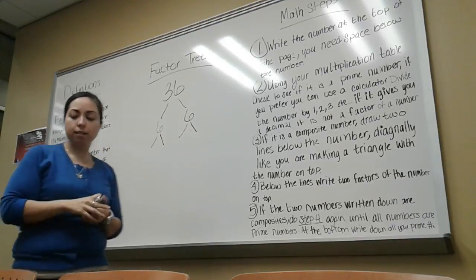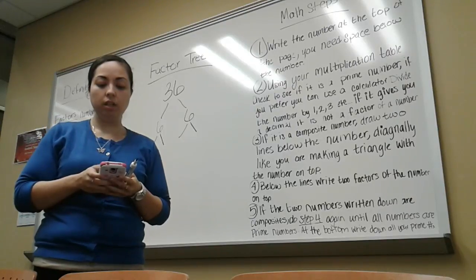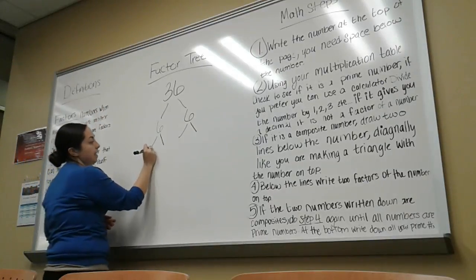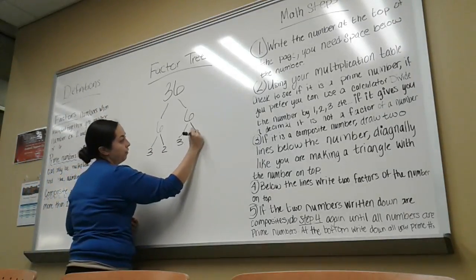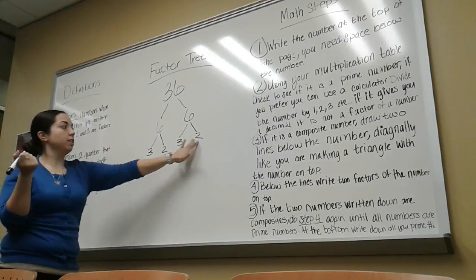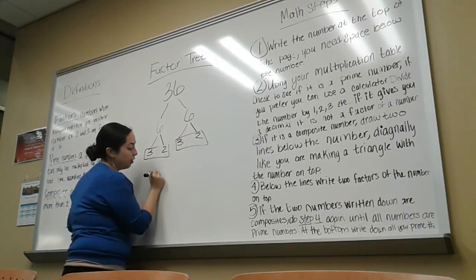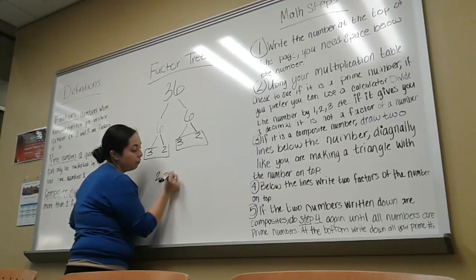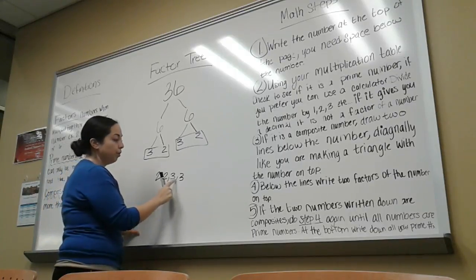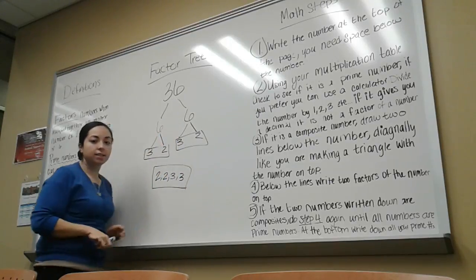Let's use our calculator. 6 divided by 2 equals 3. These are the same, so we put 3 and 2, 3 and 2. Since these are prime numbers, we write them down here, from the smallest to the biggest: 2, 2, 3, 3. That is our answer for the number 36.